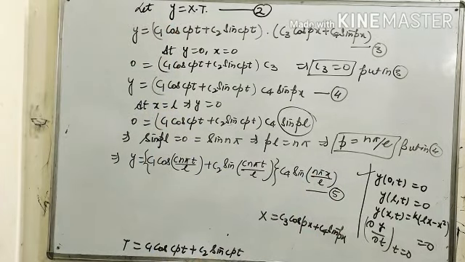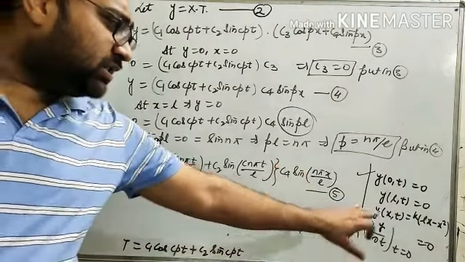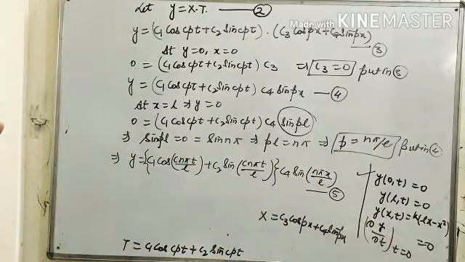Now, in these types of problems, we generally replace all the conditions which are equal to 0 first, and in the last we put the condition which is not equal to 0.